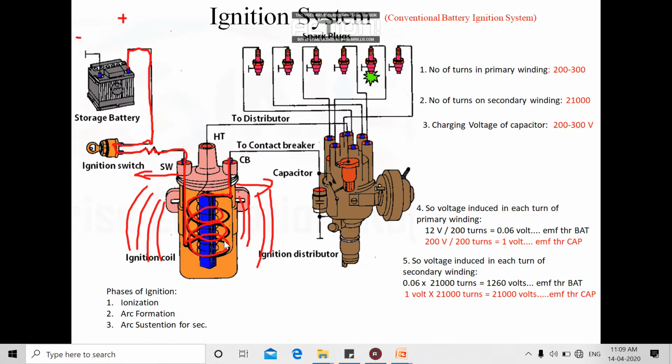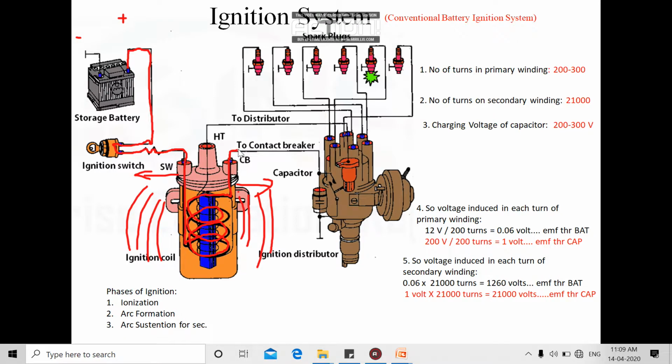We know this. So whenever the magnetic field grows in the primary winding, it is responsible for developing a flow of current through the secondary winding. We will see that current afterward. Just now focus on the flow of current through the primary winding.